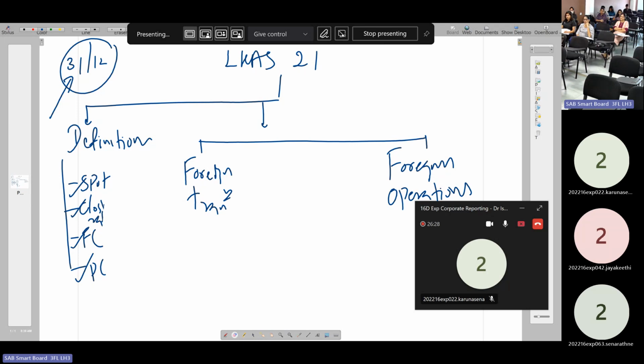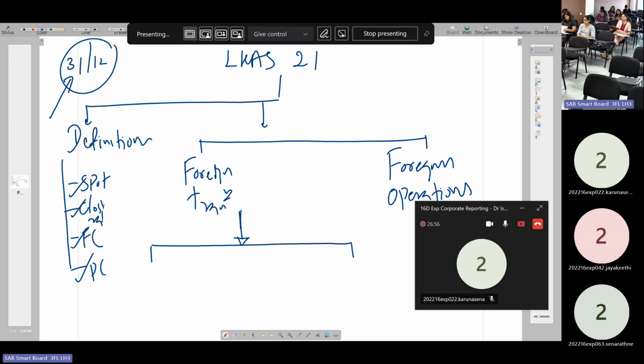Okay, foreign transactions. We can divide into two. Just take down: foreign transactions we can divide into two.